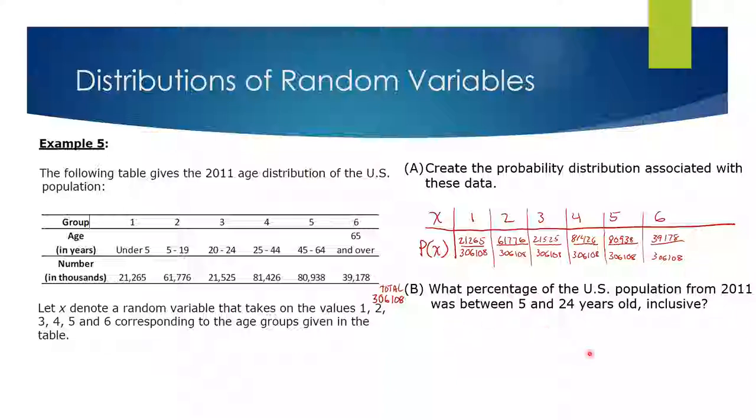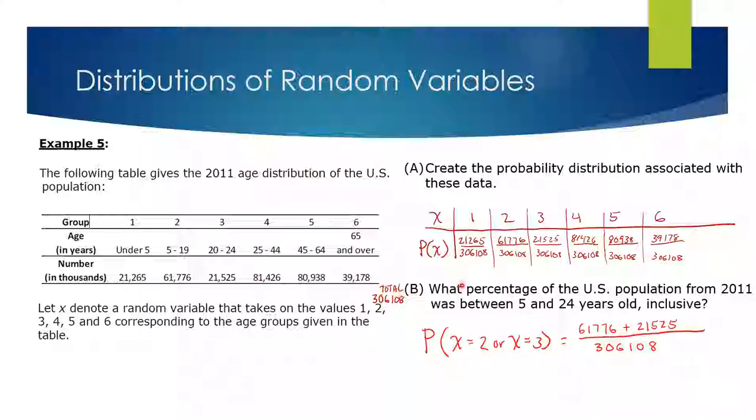Because when I answer the next question, what percentage of the U.S. population from 2011 was between 5 and 24 years old? Well, I can see group 2 is from 5 to 19, and group 3 is from 20 to 24. So this is asking what proportion of the population were in groups 2 and 3.